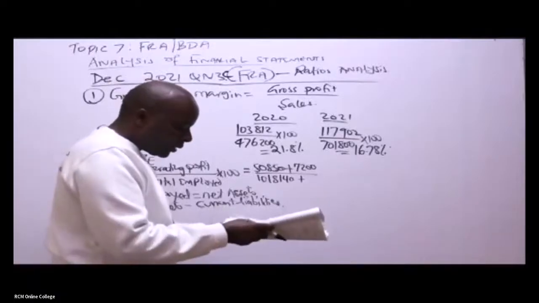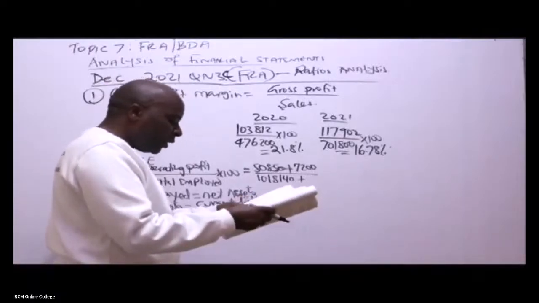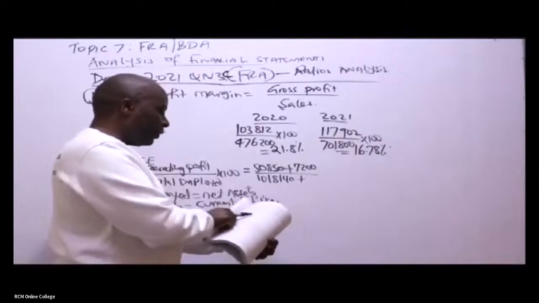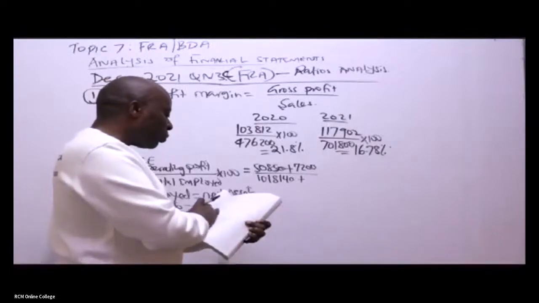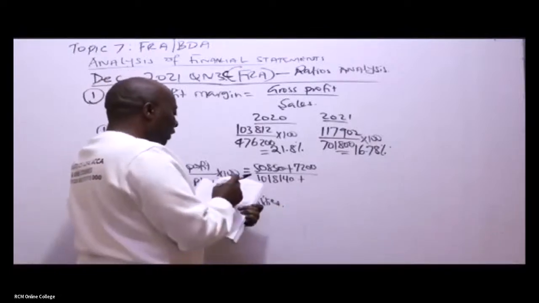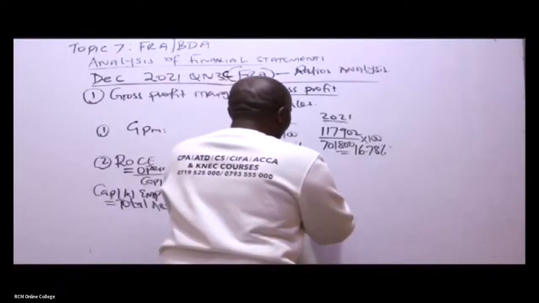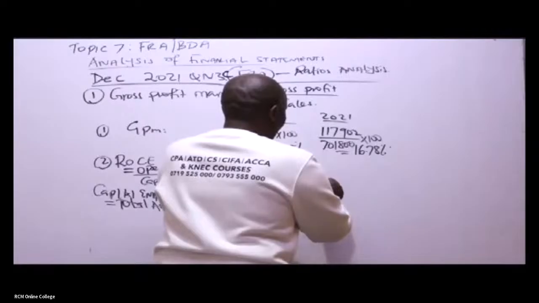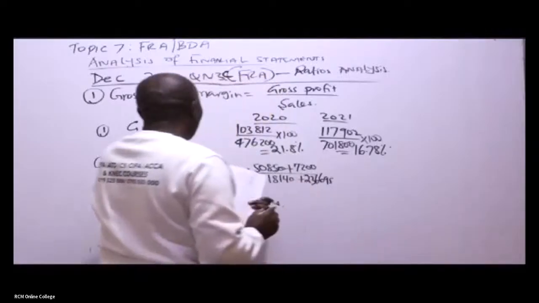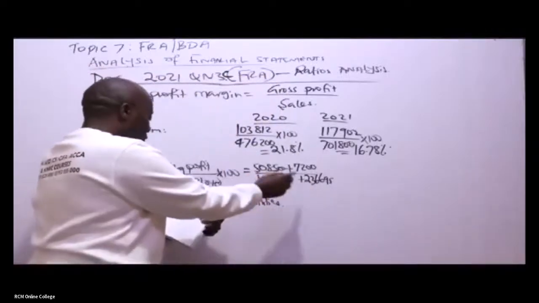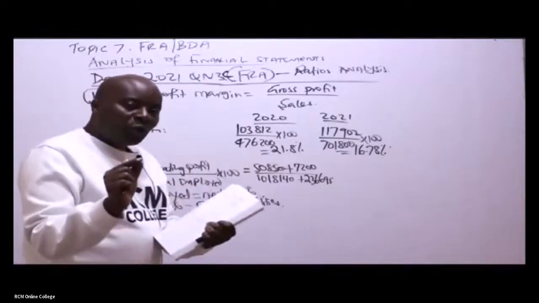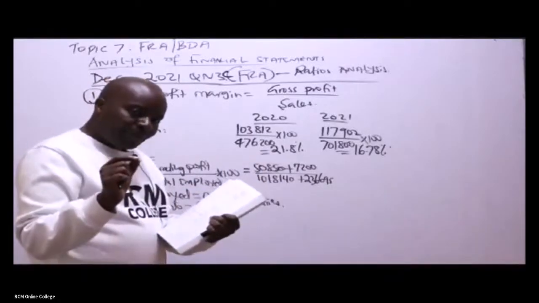I have the current assets. Current assets are inventories, trade receivables, cash and cash equivalents. I can see there are 236,695. But now, ladies and gentlemen, when I add the two, I will have gotten what we call total assets.